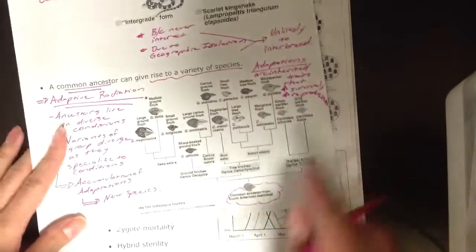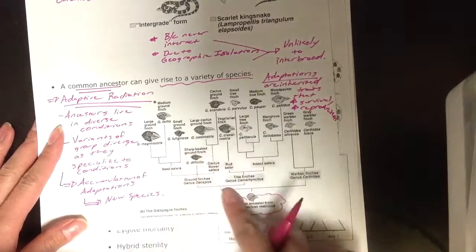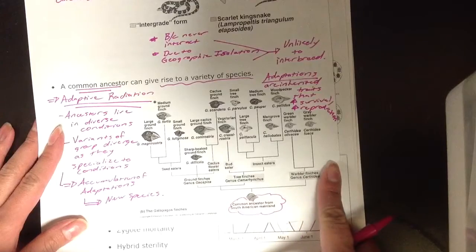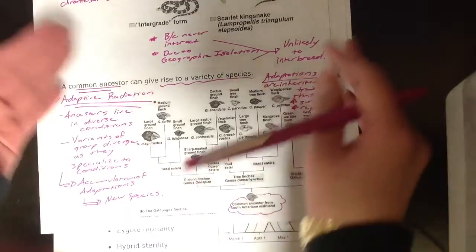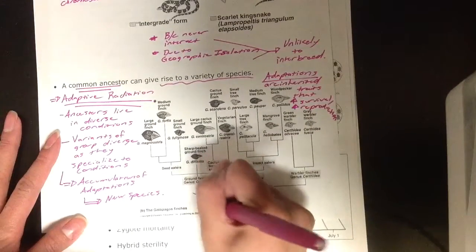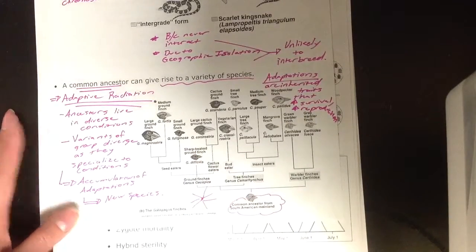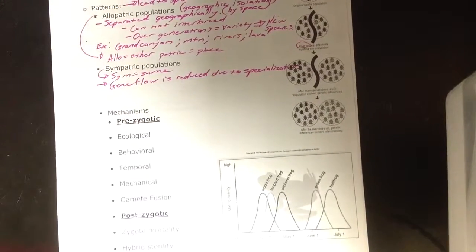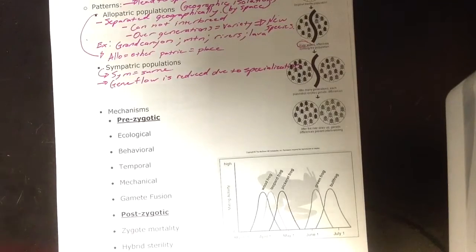With the finches, we saw the adaptive radiation, and so you moved into these different areas, these different groups, and once you moved into those different areas, the changes accumulated and you continued to spread out. Kind of a spiral or spiderweb effect, okay? That's what adaptive radiation is about. However, in sympatric populations, you're going to see something kind of similar in the fact that you do have different niches.